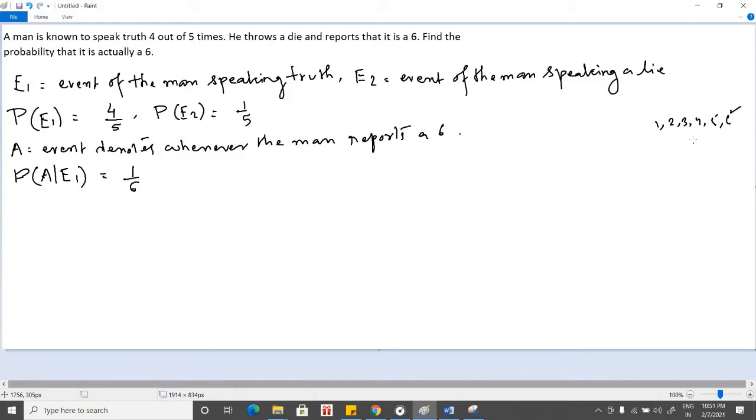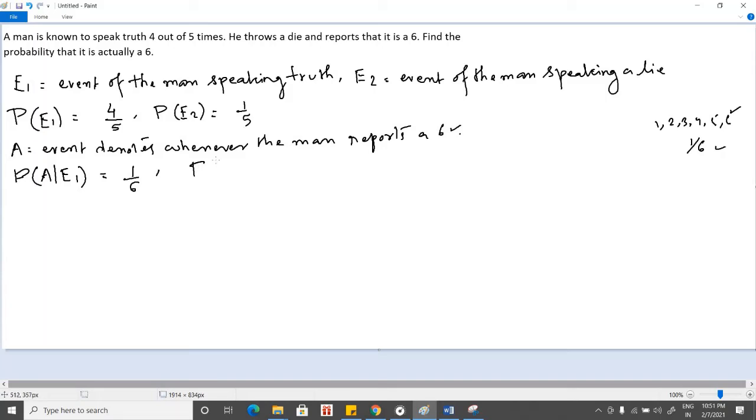So the probability of 6 to appear when a die is thrown is 1 by 6. Now here it depends on another factor, that is whether the man is speaking the truth or is speaking a lie. So if I take P of A considering the hypothesis that E1 has occurred prior to it, that means I am finding out the probability that he has reported 6 considering that 6 has actually appeared. So that probability will be 1 by 6, which is the reality.